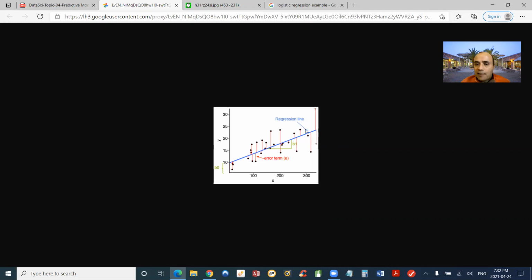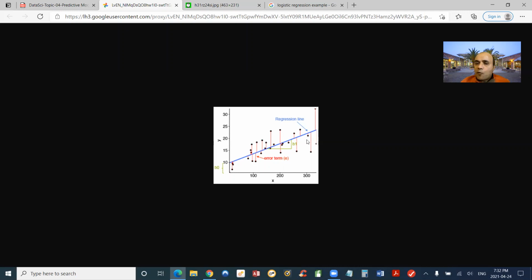So what is happening is that we are going to calculate all of these error terms. And when we calculate all of them, we take them to the power of 2. We are going to sum them up, and then we are going to take a square root. And the idea is that we want to have the least mean square error. So that's what we want to do. We want the error to be a minimum.